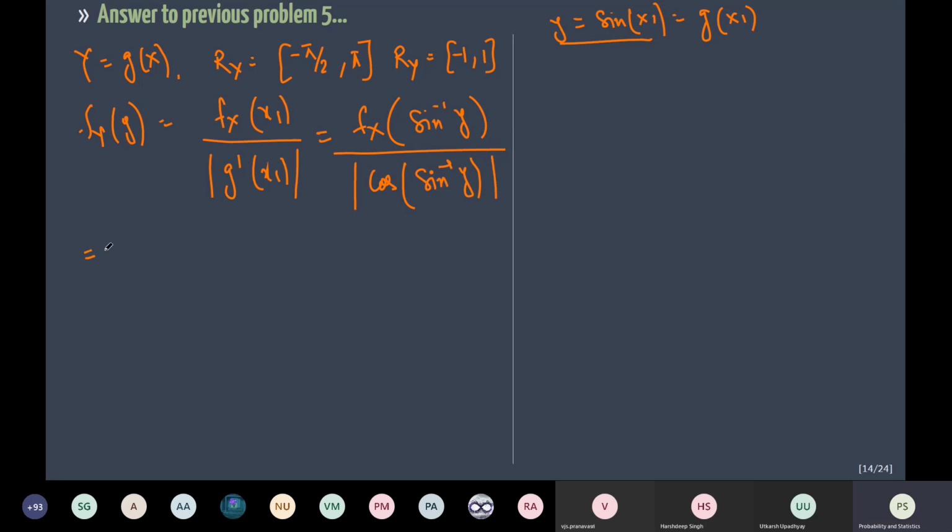Now, sine inverse of y is how much? And f_X is a uniform distribution, remember? So we have to look at the range of sine inverse y.